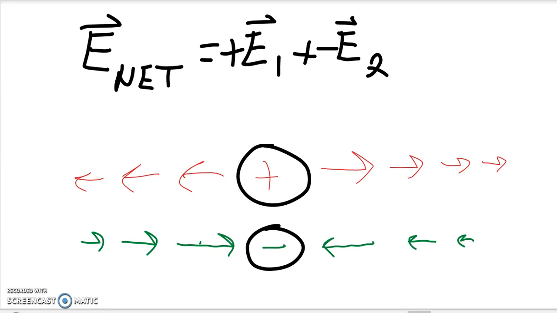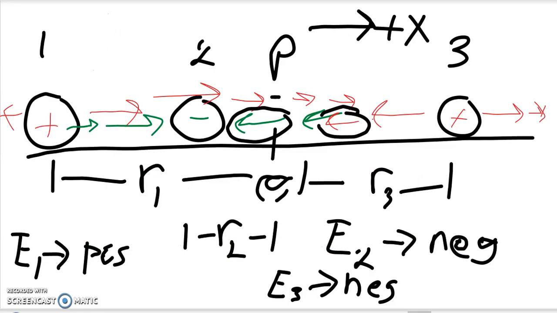The way you do that is to actually draw the direction the field lines are going to be pointing due to those individual charges. That's how you define the sign for each individual charge and then add those up. And this holds for as many charges as you want to put, as long as they're on a straight line.